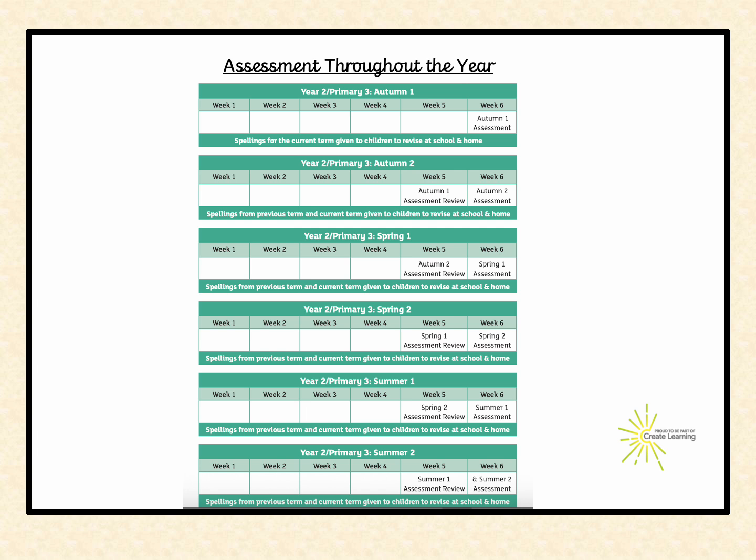And then the following week, we'd have the new assessment paper that they would do. So we're constantly going back to what we have previously learned to make sure they have a better understanding of the spellings they have been taught. And it also gives me a good opportunity to see where they're currently at with their spellings, what gaps they have in their learning and how we can address that.